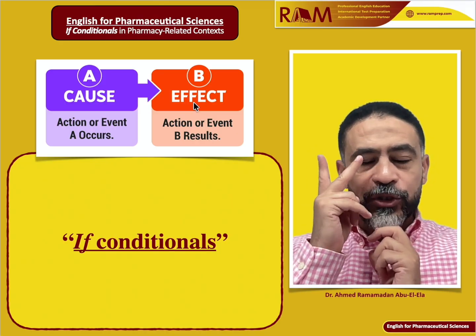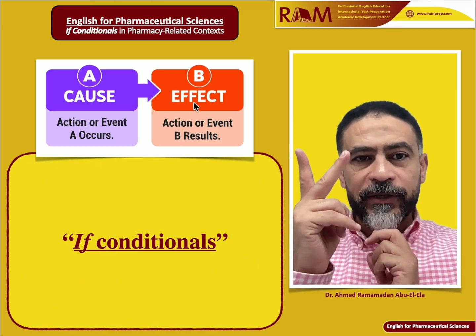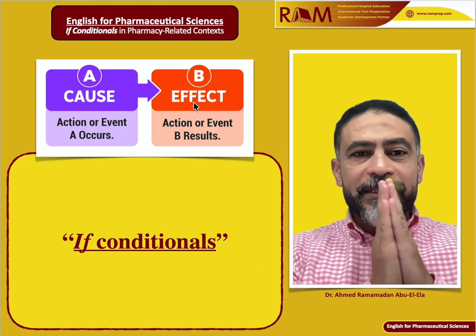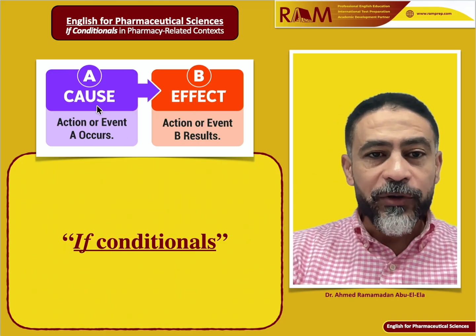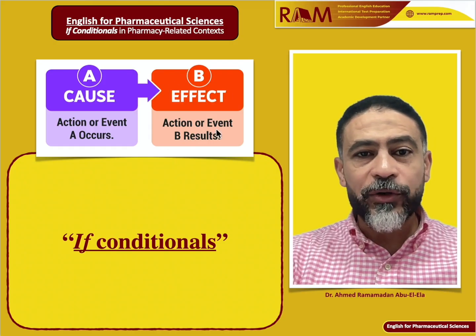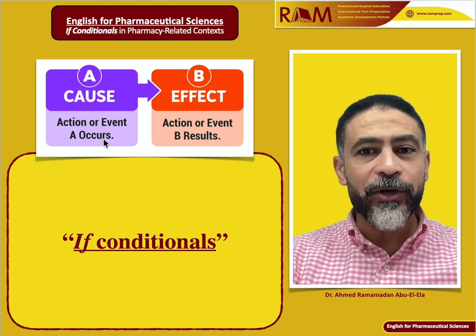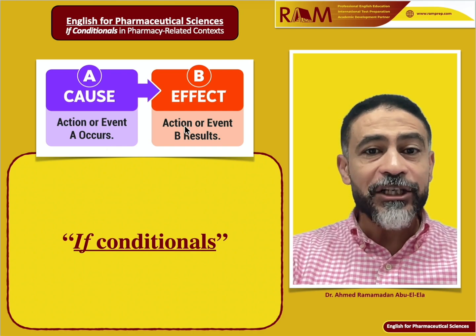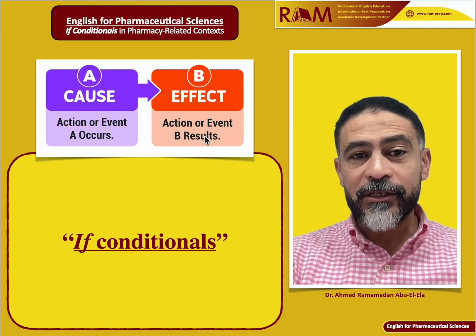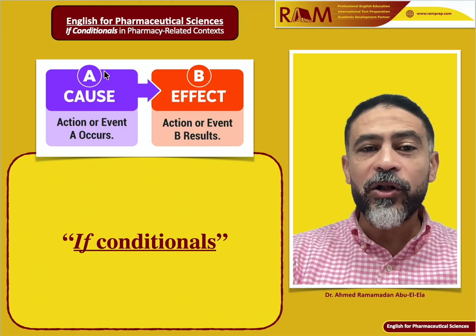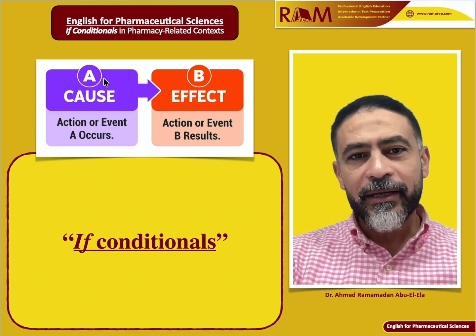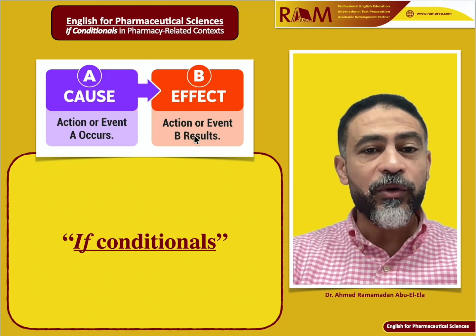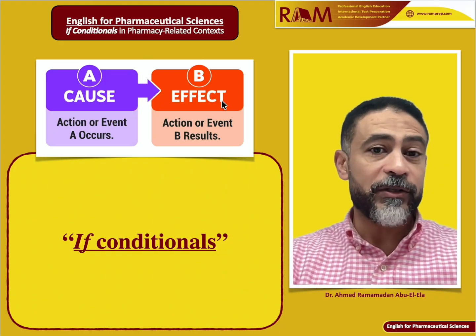Action or event A and action or event B. When action or event A occurs or happens, action or event B results. That's why we're gonna call action or event A the cause or the reason, and action or event B the effect or the result.